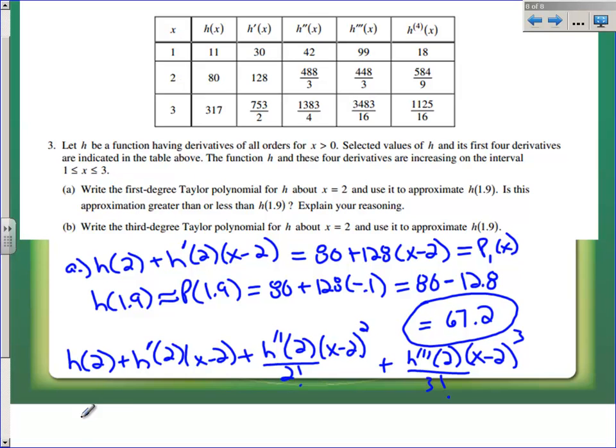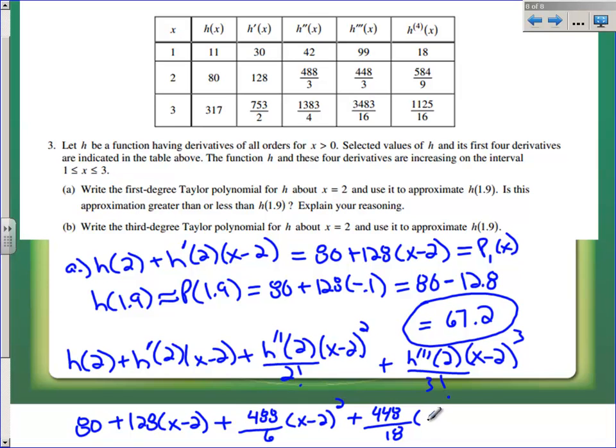H of 2 is 80. H prime of 2 is 128. H double prime of 2 is 488 thirds divided by 2 is 488 over 6. And then h triple prime of 2 is 448 thirds divided by 6 is 448 eighteenths times x minus 2 cubed. There we go. That is the third degree Taylor polynomial.